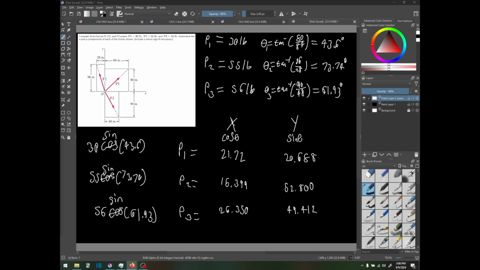It's going to be 20.688, and then 15.399, and 52.800.